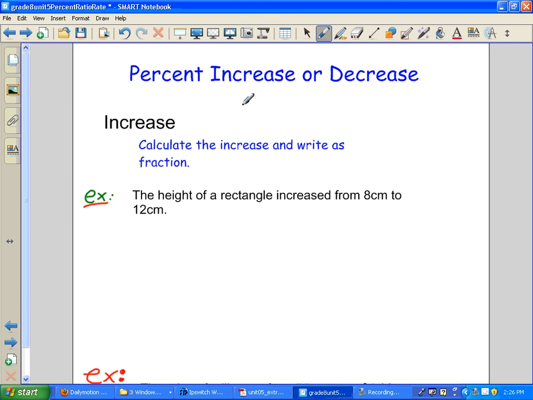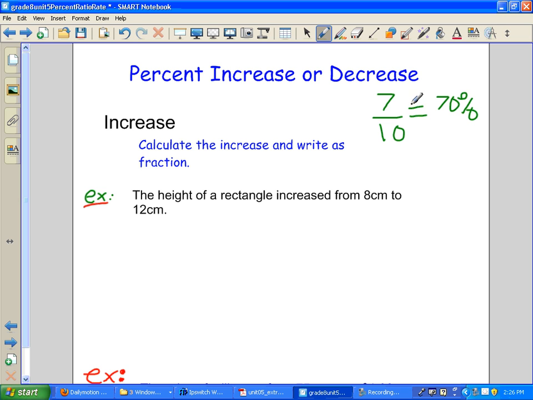When you're trying to calculate the percent increase or the percent decrease, in other words, how much it goes up or how much it goes down. Okay, so if I was just finding percent, say it was a test, and the test is marked out of 10, and I get 7 right out of 10. So I just got 70%.